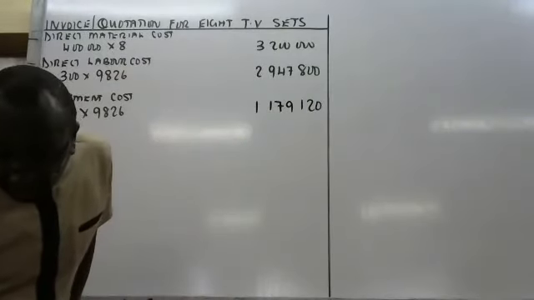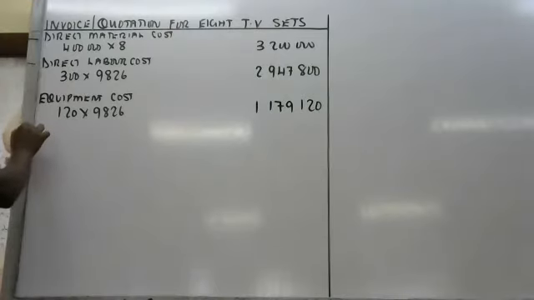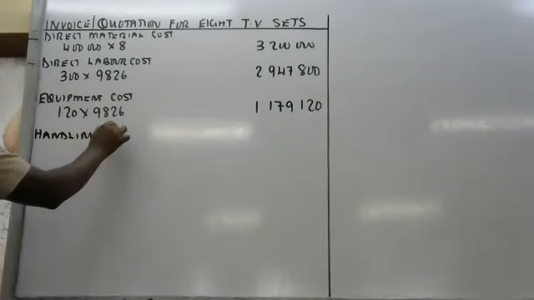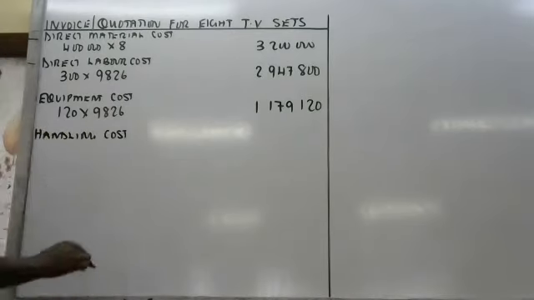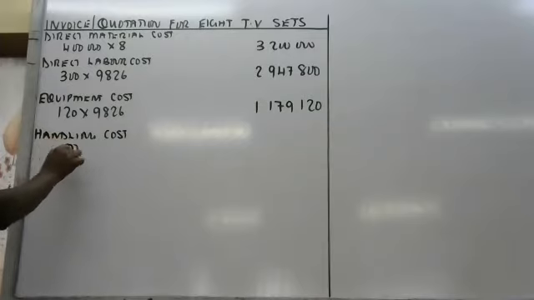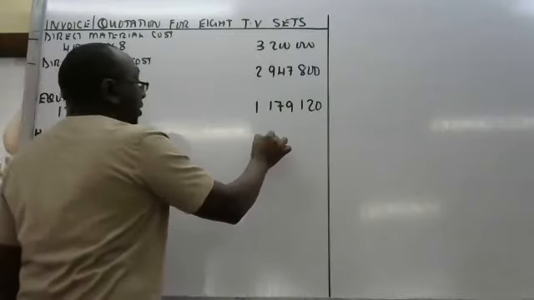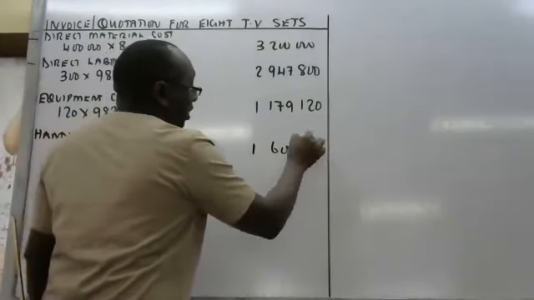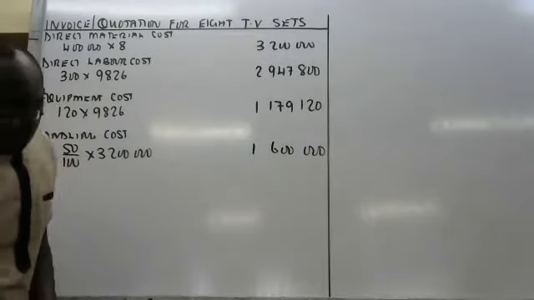Next is handling costs. So the handling cost is 50% of direct material cost. So it is 50% of 3.2 million. That will be 1.6 million. I think that is all.